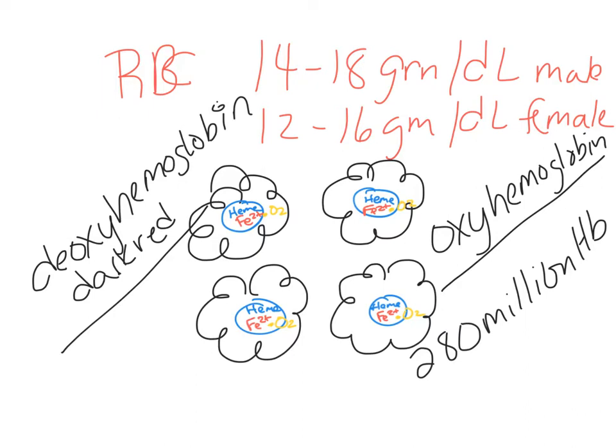So if we multiply that by 4, we can see that each red blood cell is going to have over 1 billion oxygen that it can bind to. Those aren't numbers that you have to memorize at all, but the point is that that's a lot of oxygen that one red blood cell can carry.